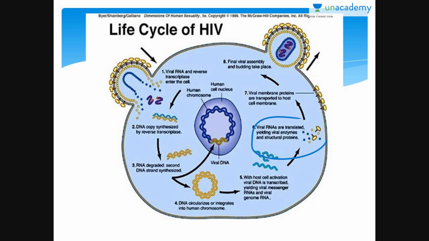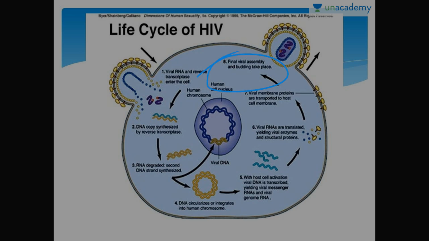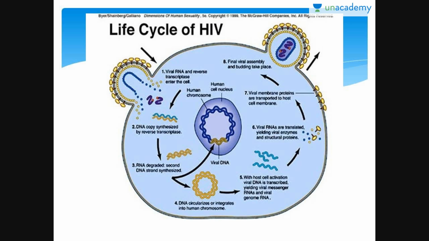Then viral RNAs are transcribed, viral membrane proteins are transported to the host cell membrane, and final viral assembly and budding take place, producing new HIV. The diagnosis is usually done by ELISA, the enzyme-linked immunosorbent assay.